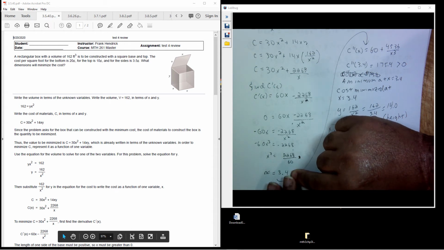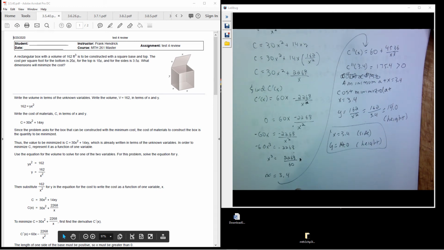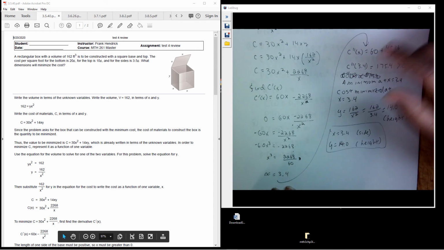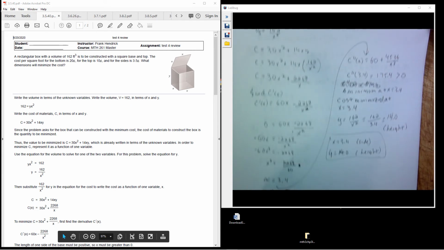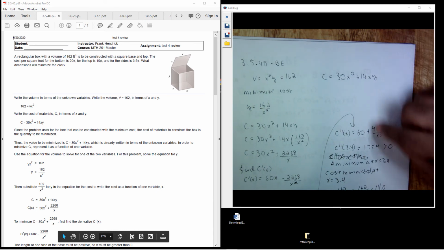So at that location I have a max or min. Since I have one critical point here, I can use that rule that talks about there being only one extremum. And we can find if it's a max or min by taking the second derivative here. And whatever that second derivative tells us, whether or not it'll be a max or min at that point. So I come here and I take that second derivative.